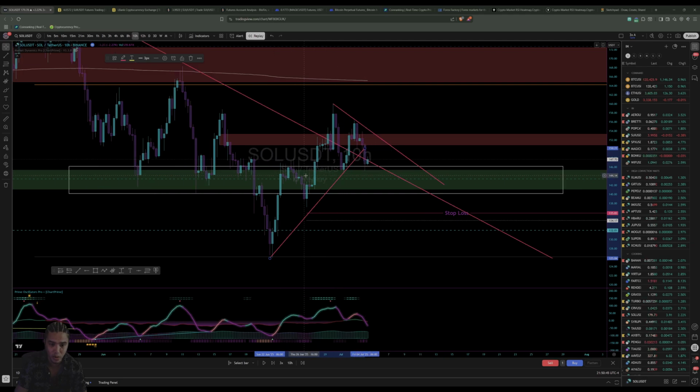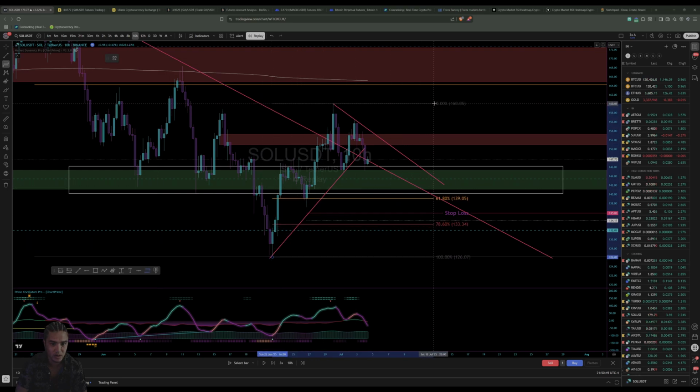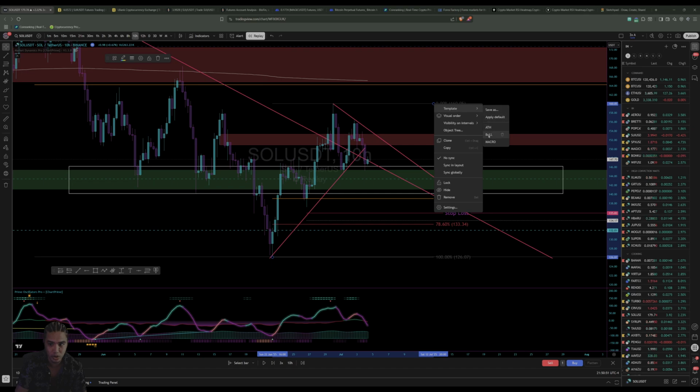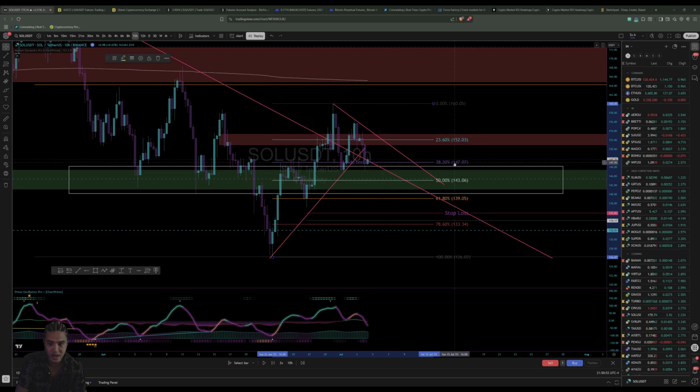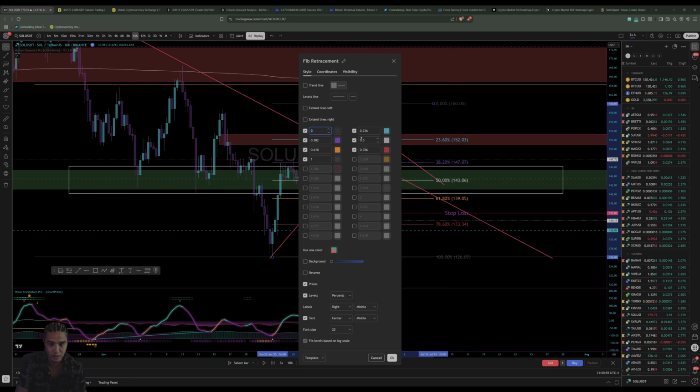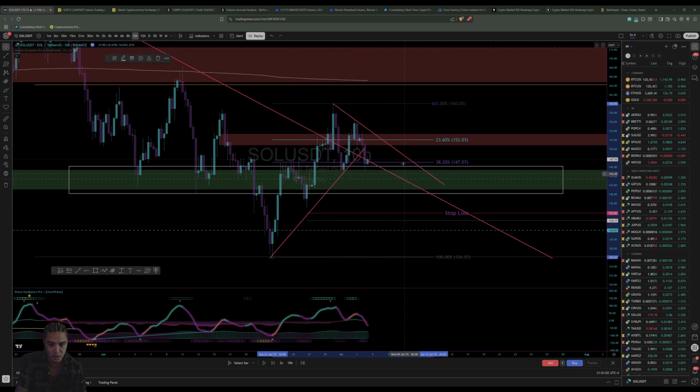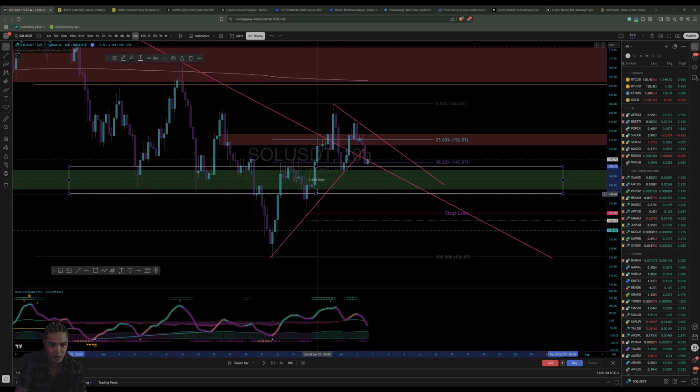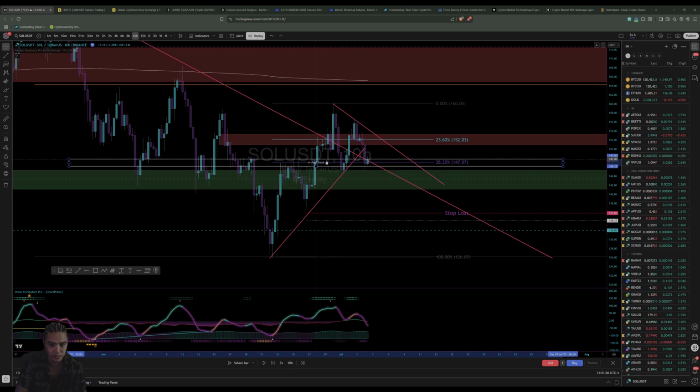But we're on support. Let's find a fib level, find some confluence. Now we're on a good support. 382. Okay. The 382 is a good zone that I'm looking at for a bounce right here.